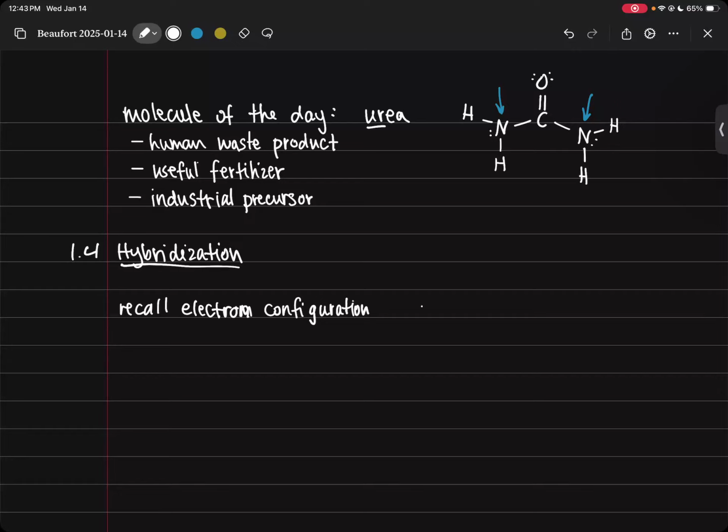That's the thing where it's like 1s2, 2s2, 2p6, 3s2, 3p6, 4s2, et cetera, et cetera. And sorry, it's the 6. As you go along the periodic table, going from element to element, you add an electron and you keep filling up this configuration.